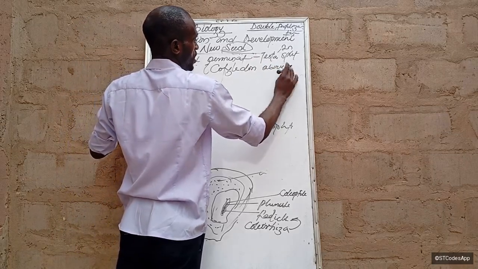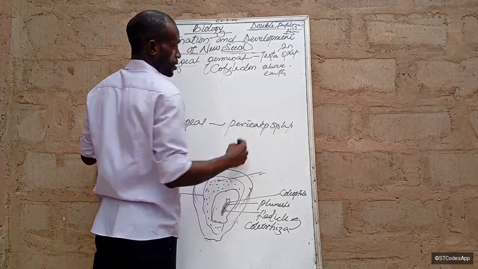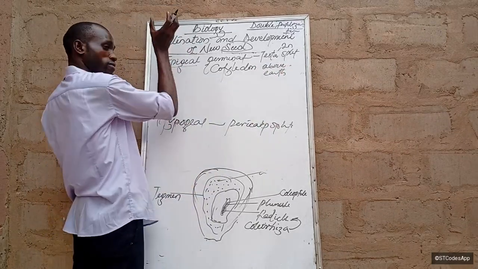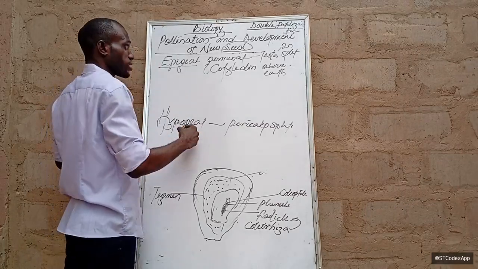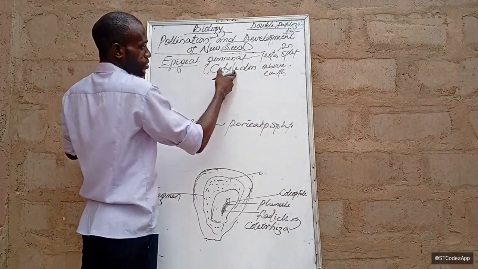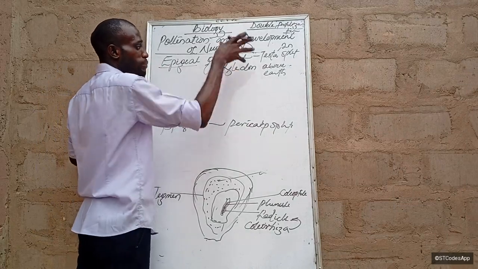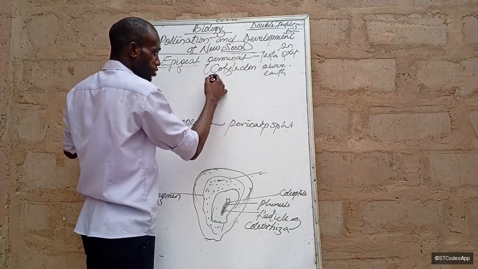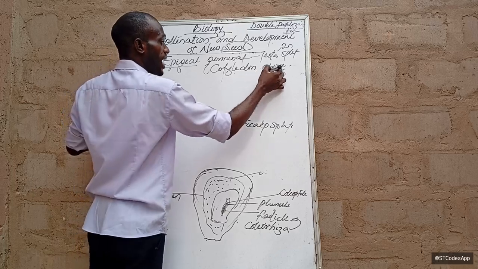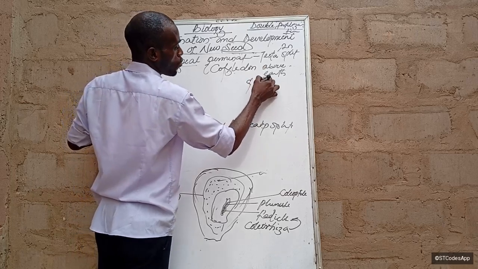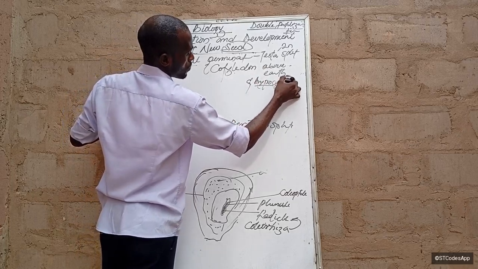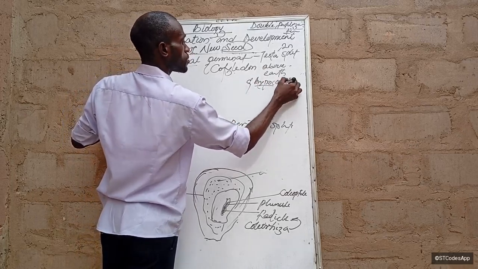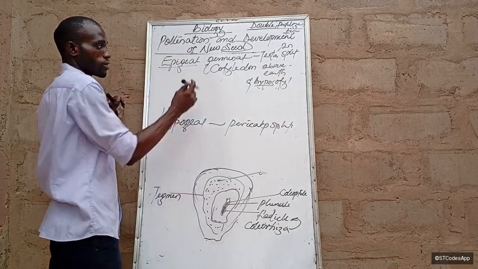Suspended above the earth, that is, it comes out of the ground. So it means that here the cotyledon is above the hypocotyl. Hypo, that is, hypocotyl. The cotyledon is above it.